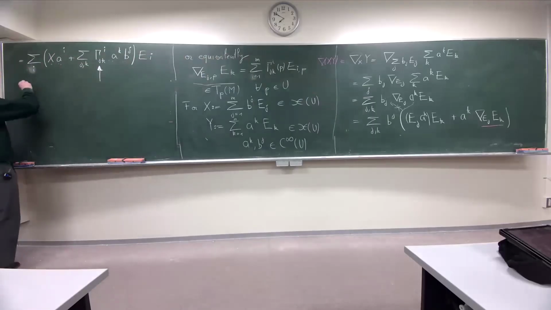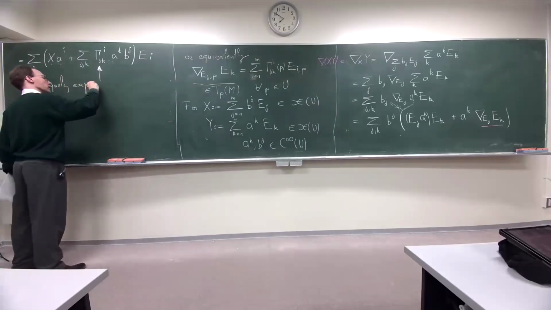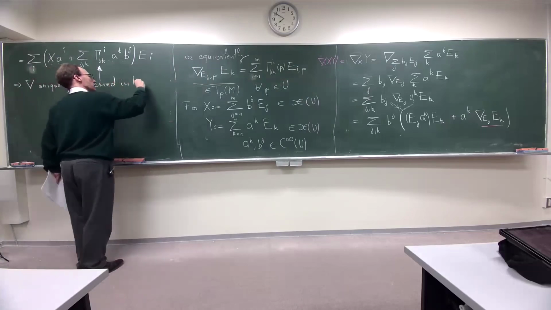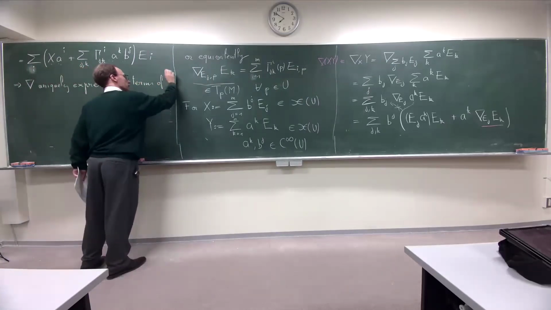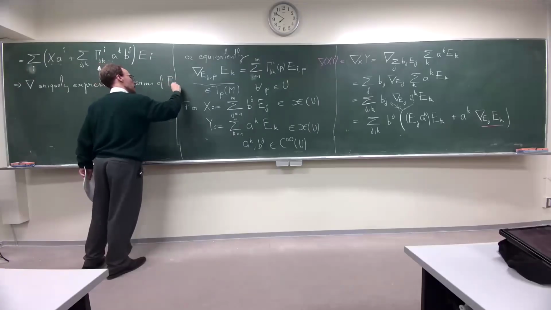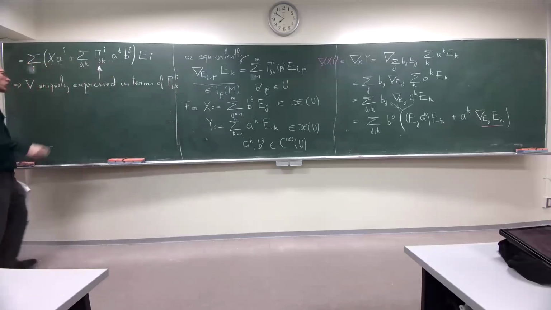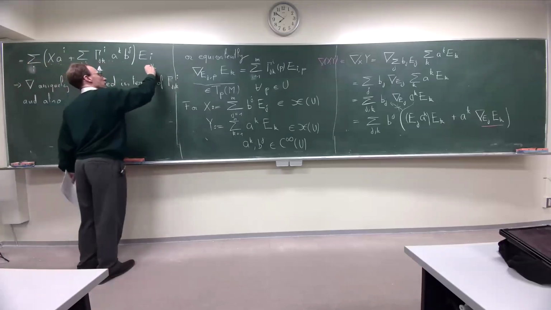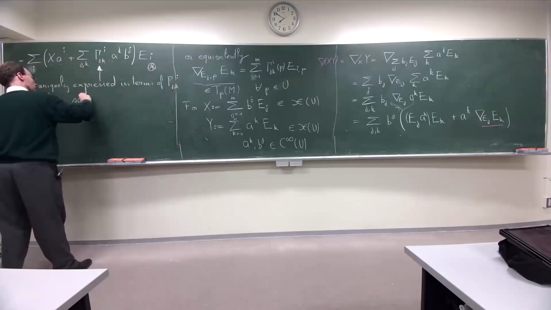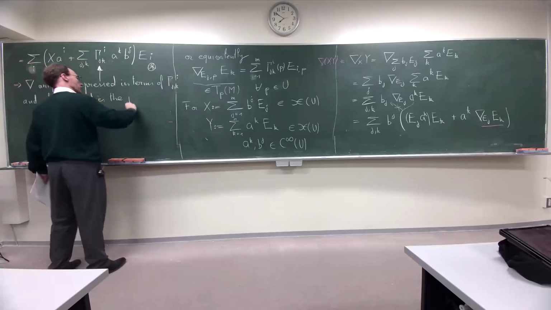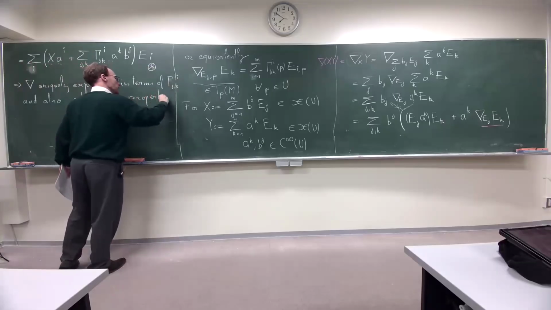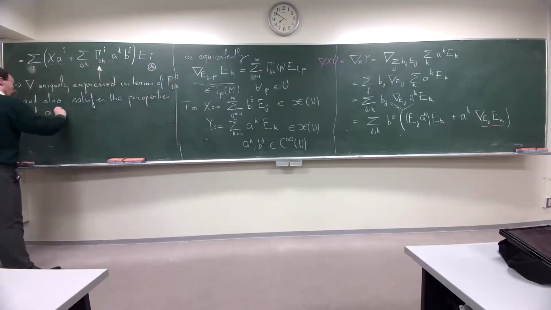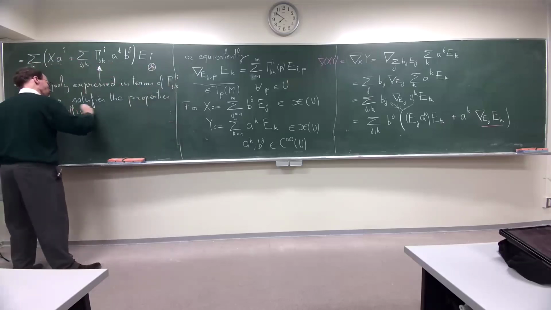And so nabla is uniquely expressed in terms of gamma_jk^i. And you have more, but I don't do it. And also, this expression satisfies the properties of an affine connection.